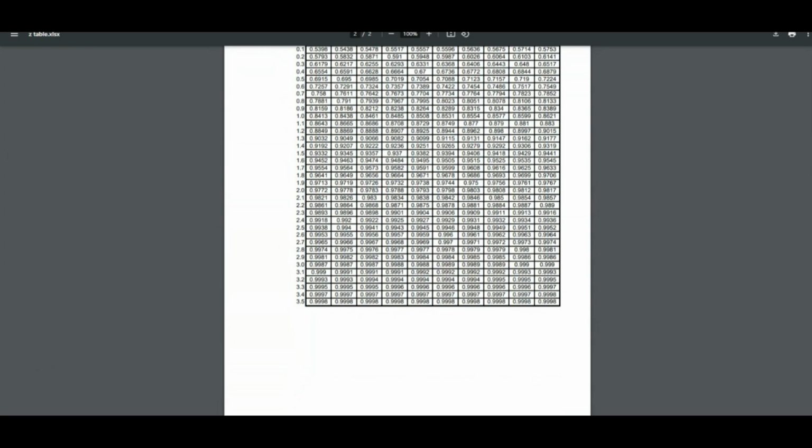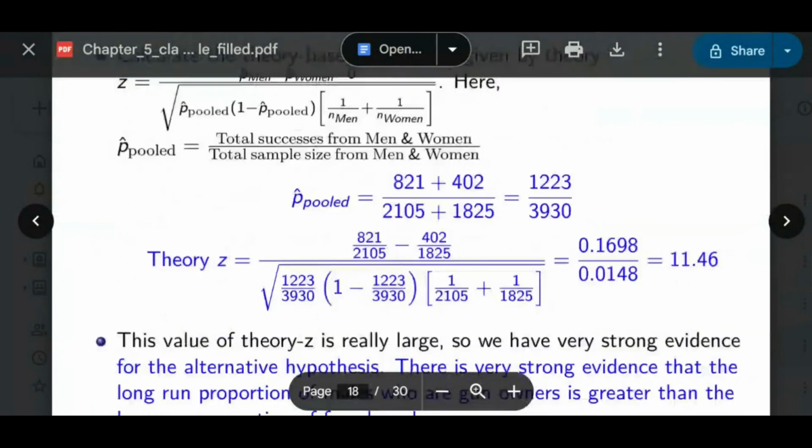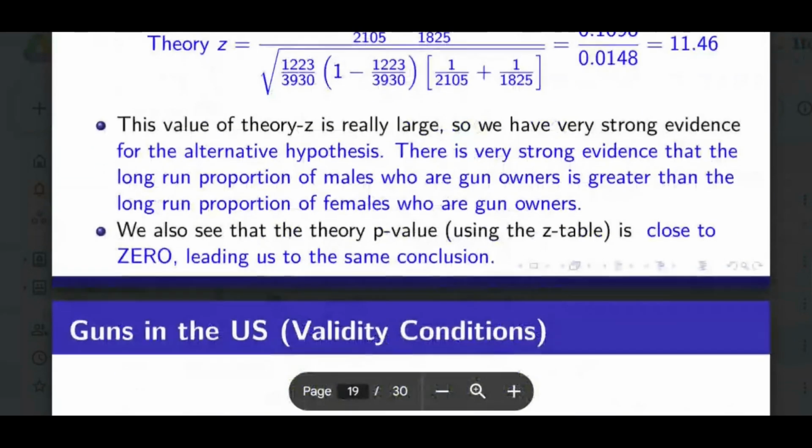So theoretically, the p-value is tiny, so small, and that is why we will say the p-value here is close to 0. If you want to be technically correct, according to our table, the p-value is less than 0.0002. It's actually much less than that.